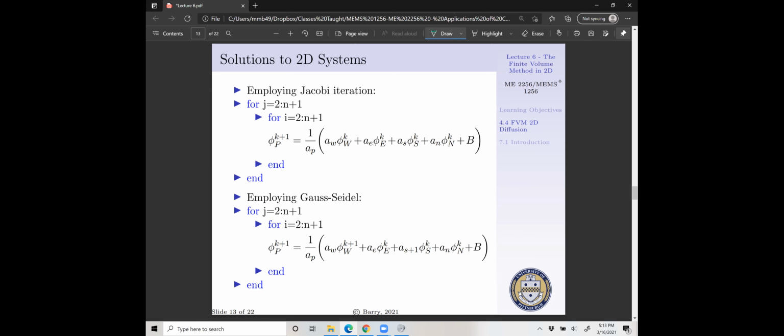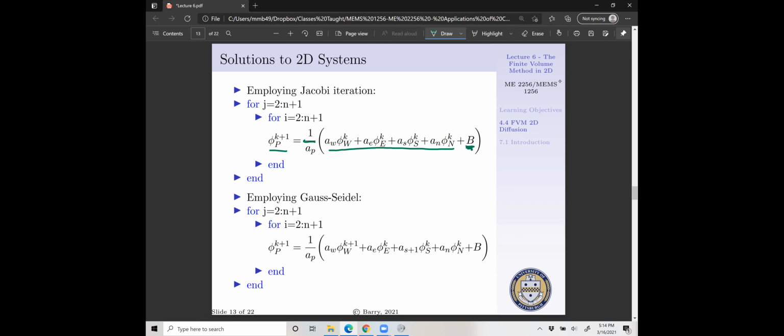And for i is equal to 2 to n plus 1, we would have phi p at k plus 1 equal to 1 over ap, and then we'd have all our coefficients, a west, a east, a south, and a north, leading all our conserved quantities, phi west, phi east, phi south, and phi north, all taken at the previous iteration, plus b, that catch-all term.